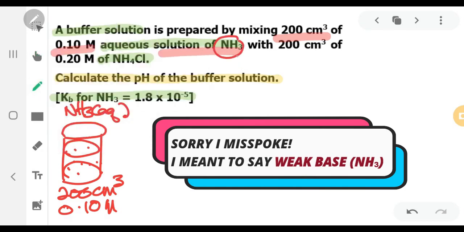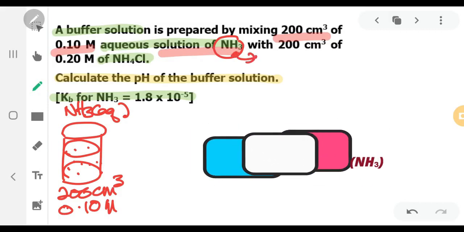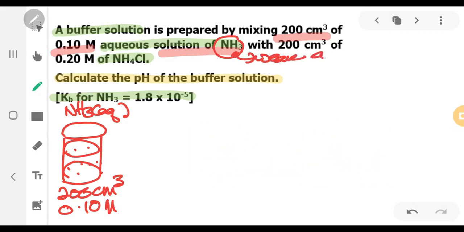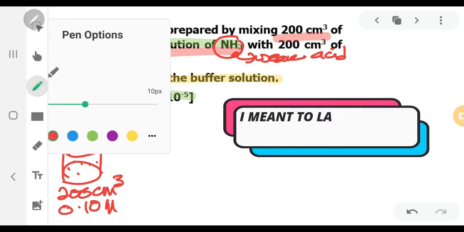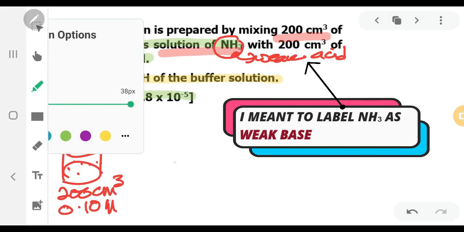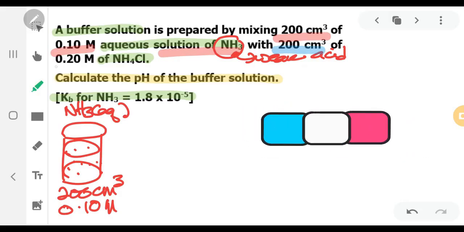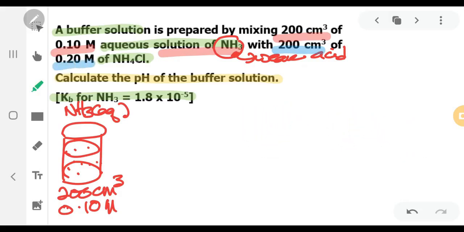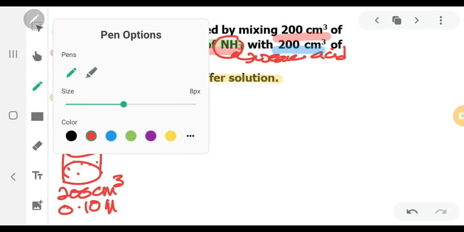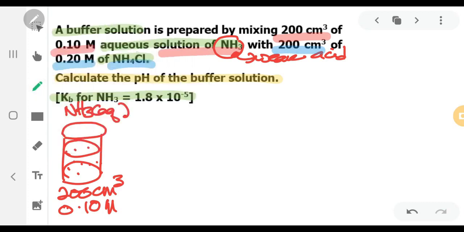That is the weak base, and it is mixed with 200 cubic centimeters of 0.20 molar of this salt. So that is the salt.